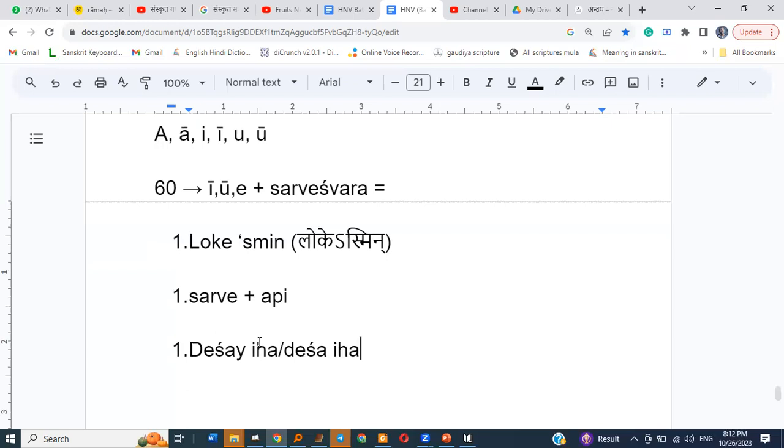Two options. In Devanagari, Desha Iha. Actually, it would be written combinedly in Devanagari, like this. Yes, yes. And Desha Iha.